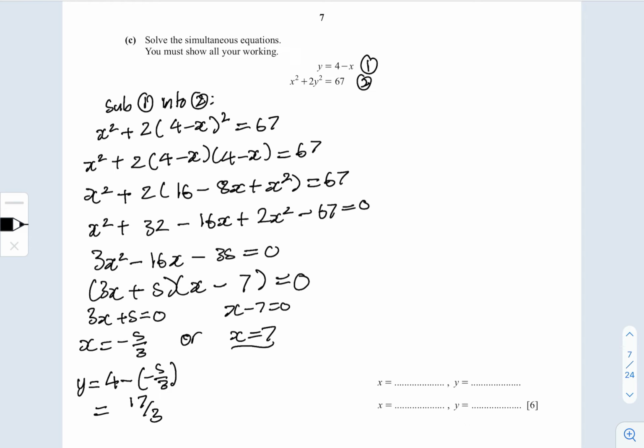If x equals 7, y equals 4 minus 7, which would therefore give us negative 3. Therefore, x equals 7, y equals negative 3, and x equals negative 5 over 3, y equals 17 over 3. And that's your answer for C.